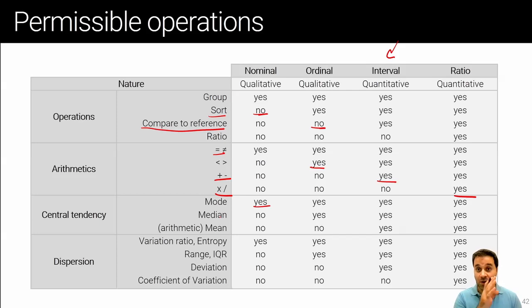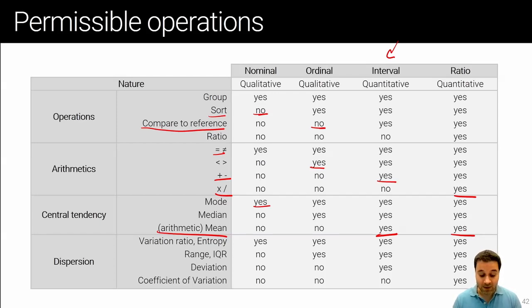So what is the point that divides the whole distribution into the top 50% and the bottom 50%? We could do this. But if we want to compute the arithmetic mean, the typical average, then we need the variables to be at least interval or ratio. It doesn't make sense to compute averages or means with ordinal variables.